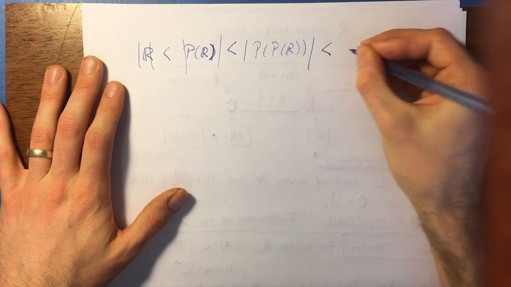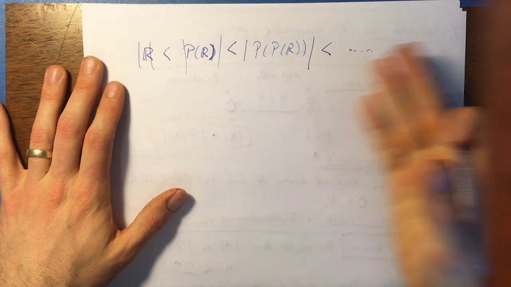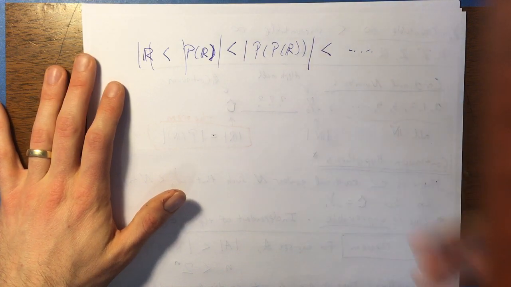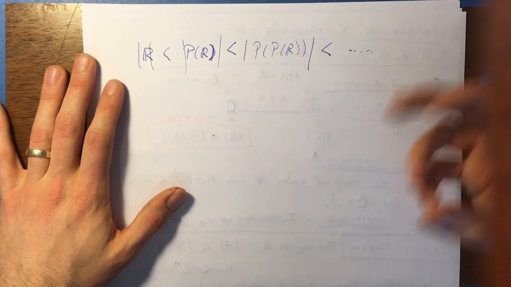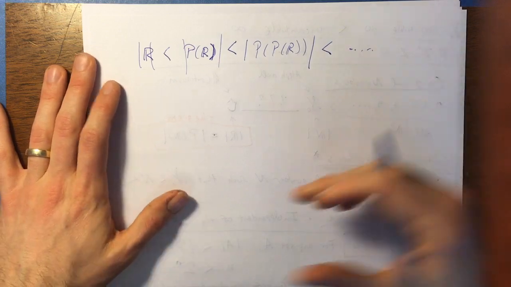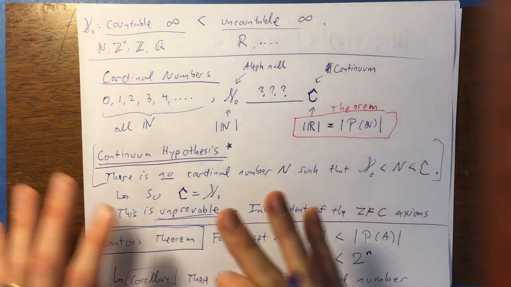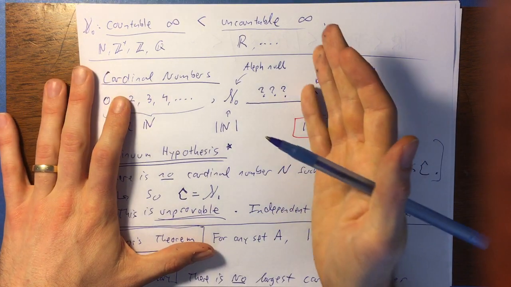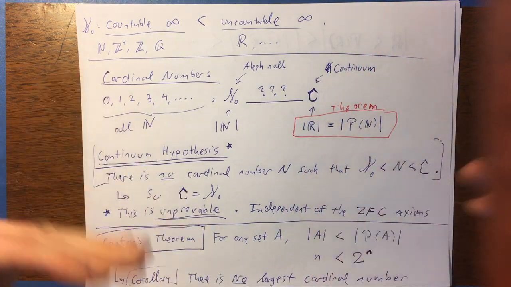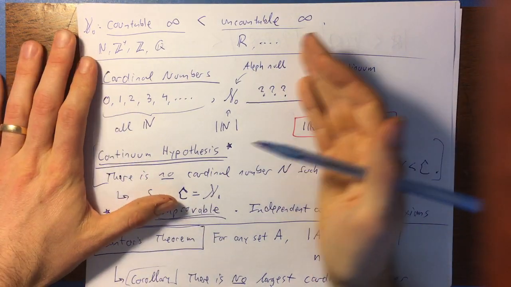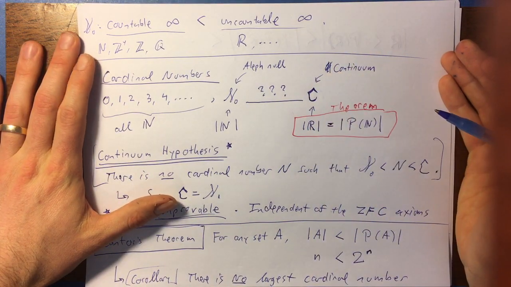And so on, forever, right? You can always keep taking the power set of the previous set to create a larger set. So the action of taking a power set to create a new set guarantees you a bigger set. So there's no largest set. Sets can become bigger and bigger, and there are infinitely many different levels of infinity that are all uncountable levels of infinity beyond the infinity of the real numbers.